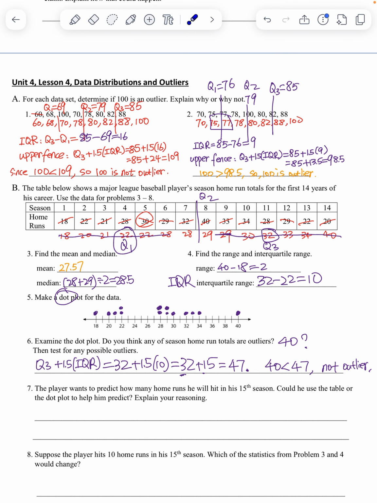I'm thinking 28 or 29. Or the mean is 27.57 and the median is 28.5. And the 40 is not an outlier. So I'm thinking about 28.